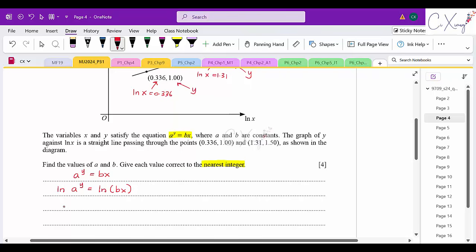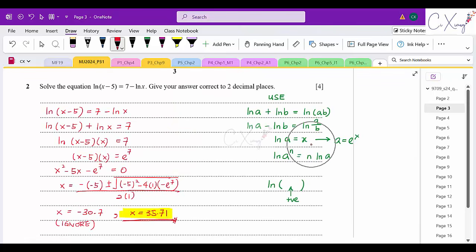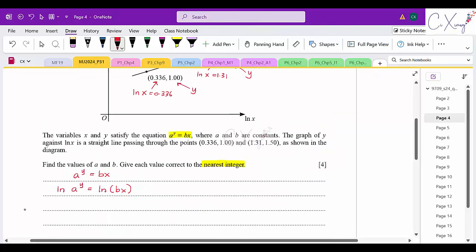After I take ln both sides, by applying the property of log or ln that I showed you just now in question number 2, ln a^y, I can pull the y in front. So I have y ln a equals to, for the right-hand side, ln of b multiplied with x.